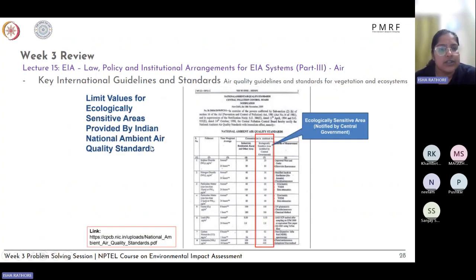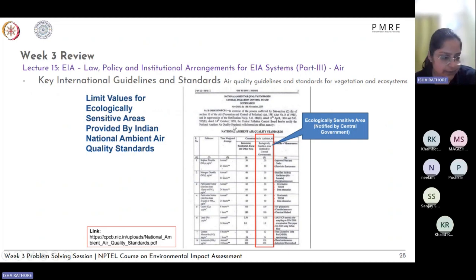This is for limit values for ecologically sensitive areas, which is provided by the Indian National Ambient Air Quality Standards under the CPCB. It gives you similar values for ecologically sensitive areas as well, that is, what values need to be maintained in ecologically sensitive areas. You can refer to this PDF if you want to see what the standard actually says.